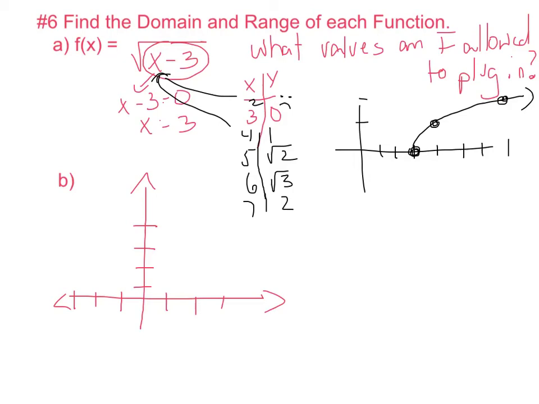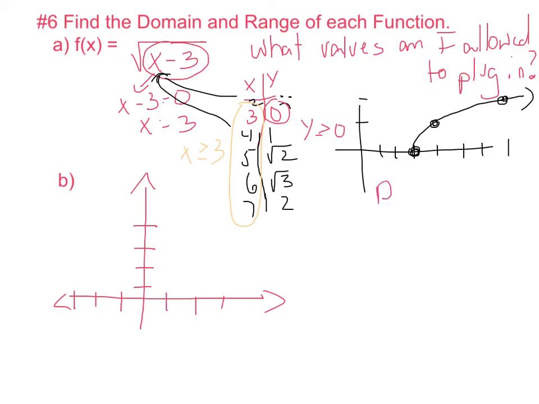Notice, the domain is the x column, and the range is the y column. The x column starts at 3, and it gets bigger. Where does the y column start? It starts at 0, and it gets bigger. All these numbers are gradually getting bigger. 1, then square root 2, then square root 3, then 2. Folks, that's your domain and range right there, just from the table. Or you can get it from the graph.